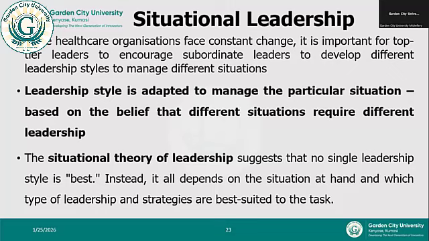The situational theory says that it all depends on the situation at hand and which type of leadership and its strategies are best suited to solve that situation or to address that task. So what situational leadership theory is talking about is situation analysis outcomes. Based on your situation, you do your analysis, then you look for what best fits to solve that problem, then you get your positive outcome.